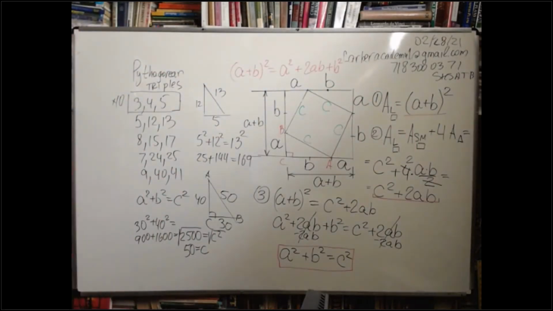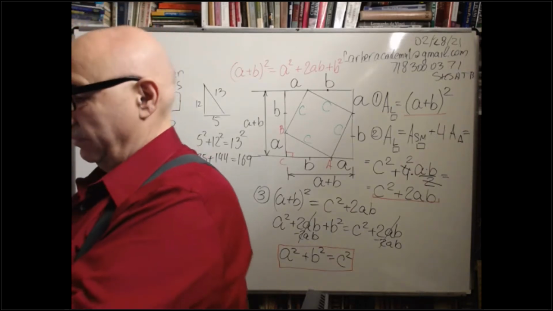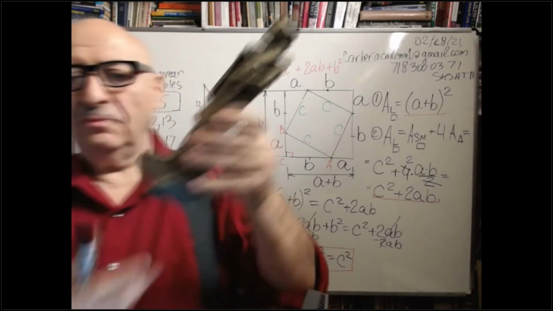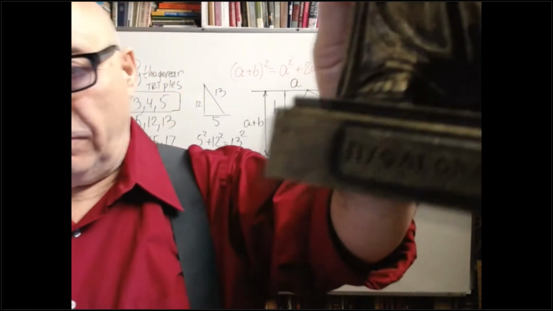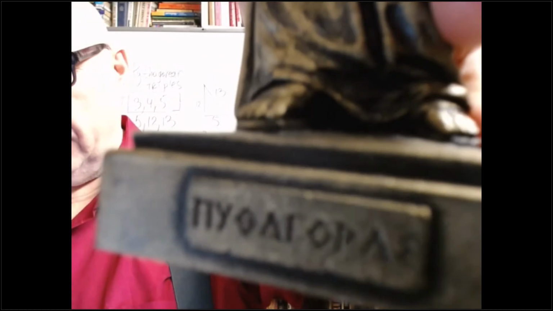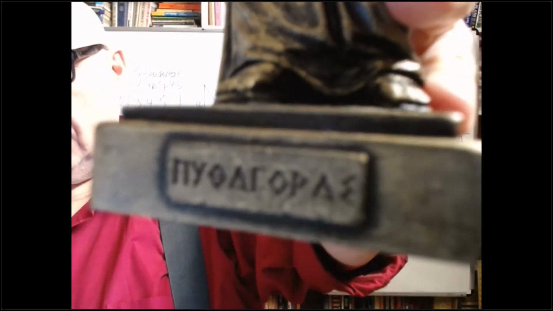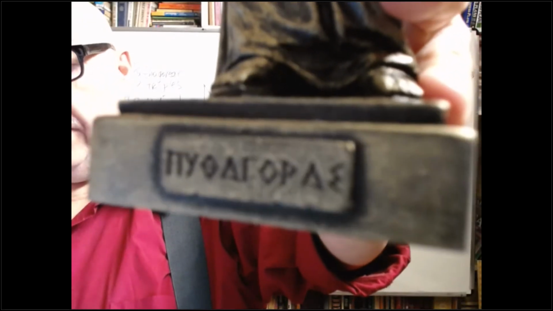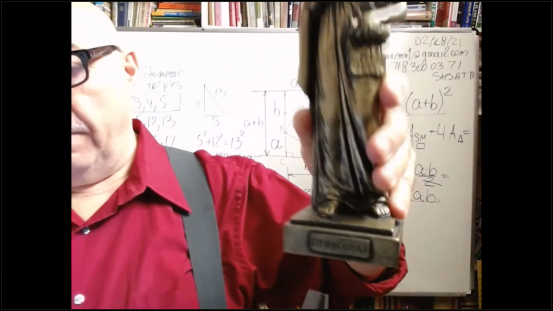I'll show another picture, if I find it right now. Just a second. Here it is. Look at this, how he looks. First of all, you can read this. Can you see this Pythagoras? It's actually written in Greek, but this is Pythagoras. This is him.